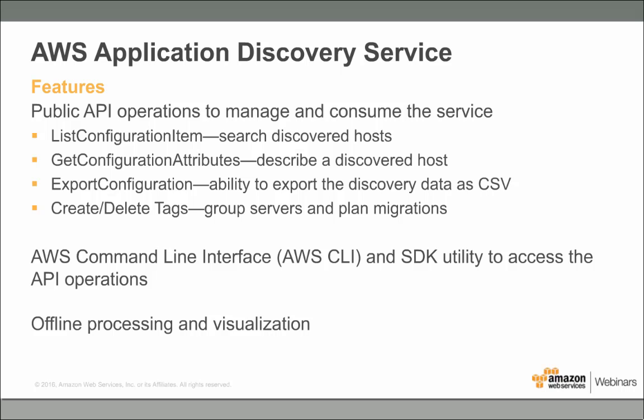Likewise, you can use get configuration attributes, and as the API suggests, it will provide you more detailed information about an individual discovered host, such as what the CPU and the memory are, and what the min, max, and average utilization are, and so on and so forth. You can also use export configuration. That's how you will export all of the data in the discovery database into either a CSV or an XML format.